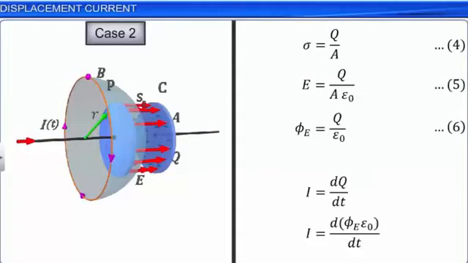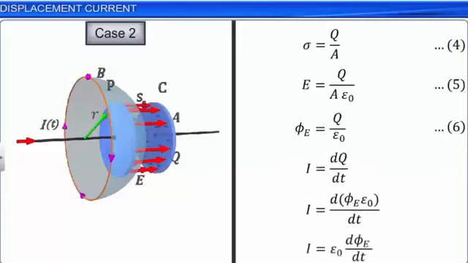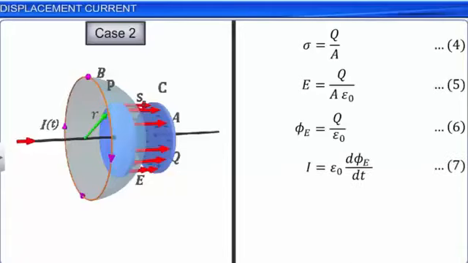Let this be equation 7. This is the missing term in Ampere's law, which is the current due to the changing electric field between the plates of the capacitor. This current is called displacement current, denoted as ID.